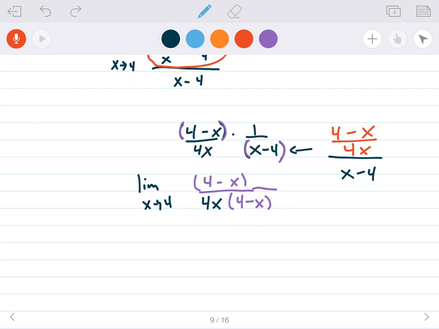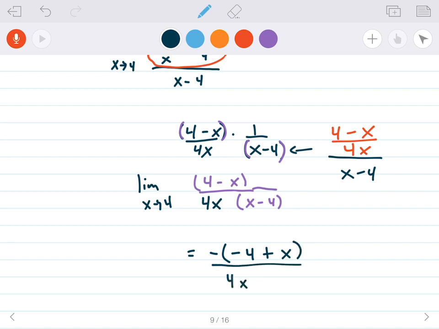But what I can do is, oh, I actually meant to put x minus 4 right here. I can make the top and the bottom cancel out, but I have to do something first. Notice that the top can be written, if I factor out a negative in the top, I get negative 4 plus x.